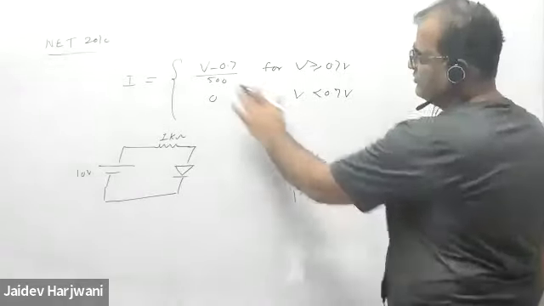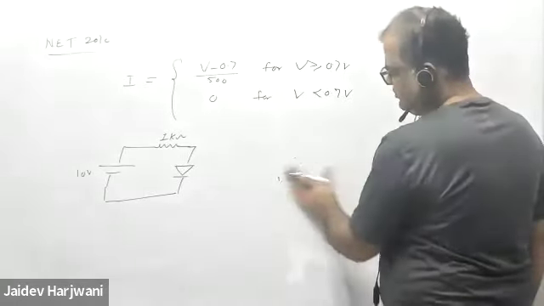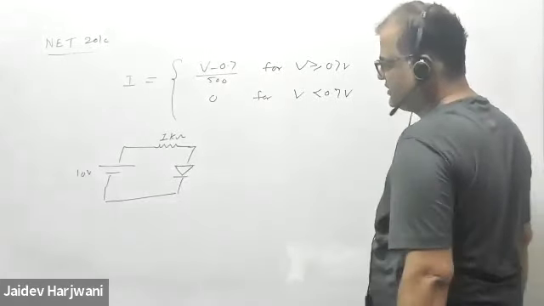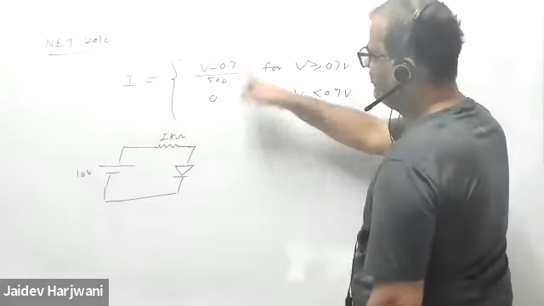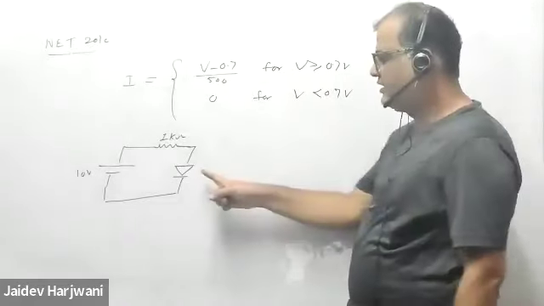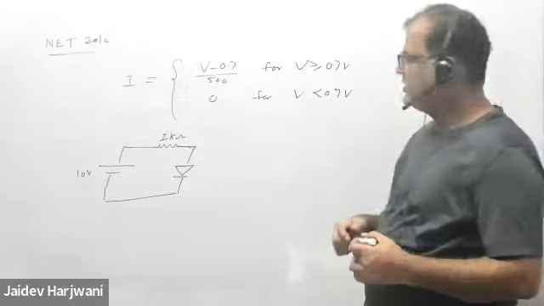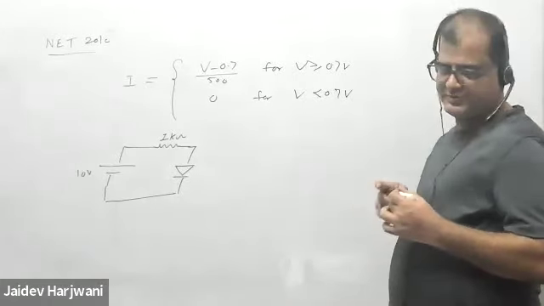If you don't understand this one, leave it. Just follow what the question says: if the voltage across the diode is greater than 0.7, then the current flowing is this one. So tell me, is the voltage across the diode greater than 0.7 volt, yes or no?